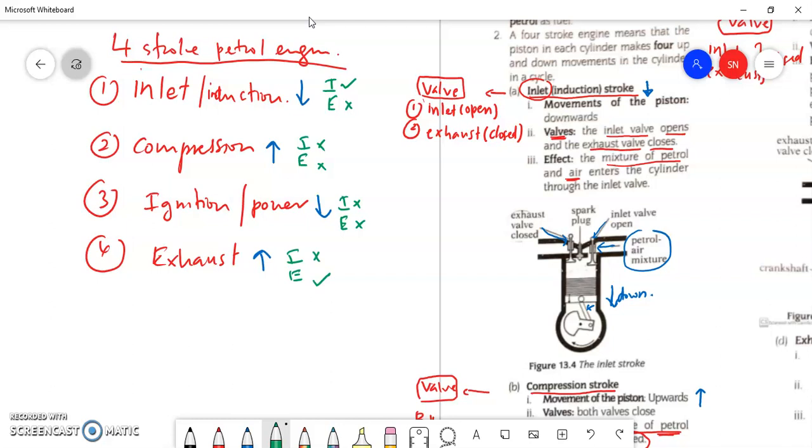Easy to remember. And what happens during each stroke? During the inlet or induction stroke, the air and petrol enters. Here it is compressed: the air and petrol is compressed basically.